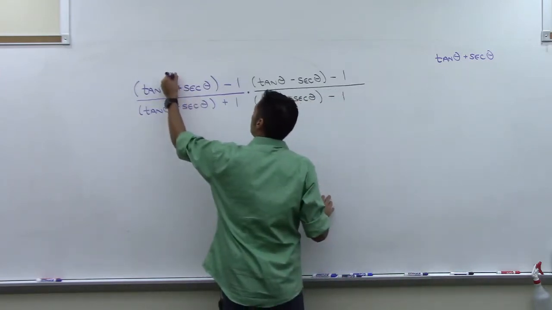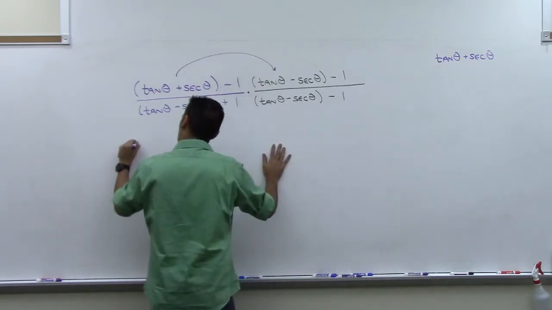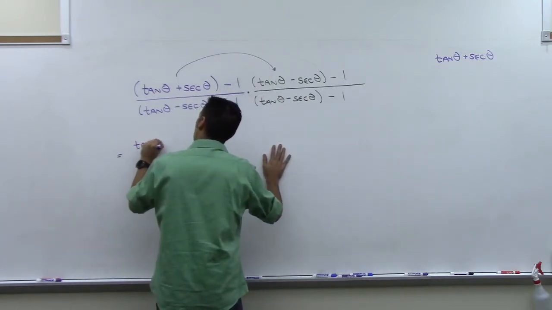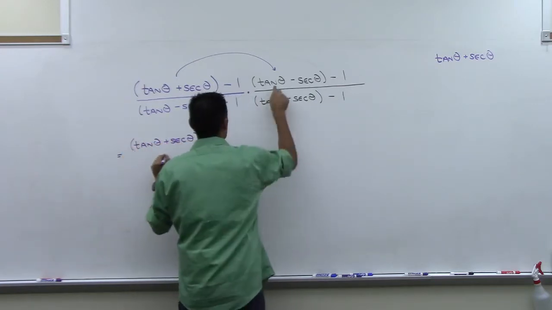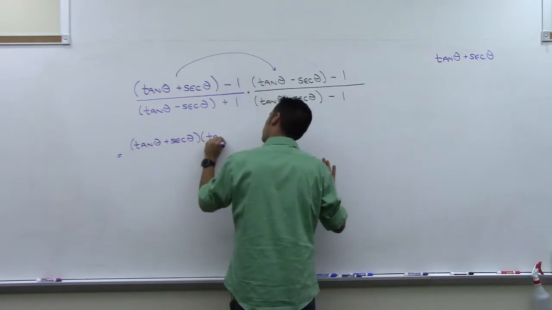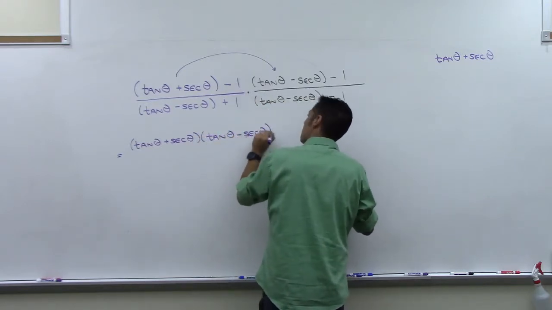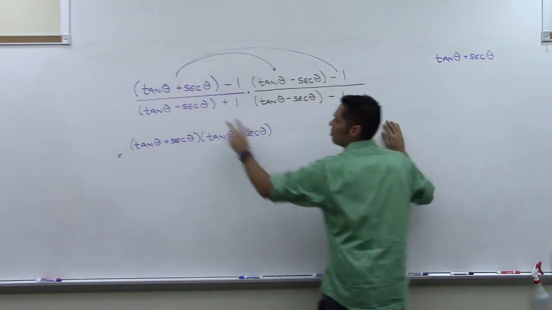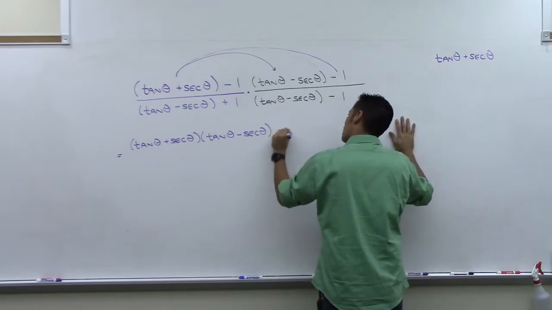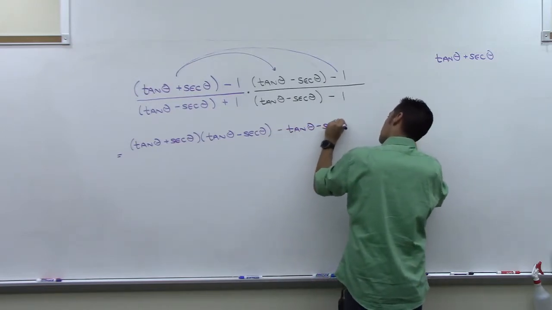So I've got to do this times this, which gives me tan theta plus secant theta times this one, which is tan theta minus secant theta. Then I have to do this times this, -1. So it's going to turn both of these negative, minus tangent theta minus secant theta.